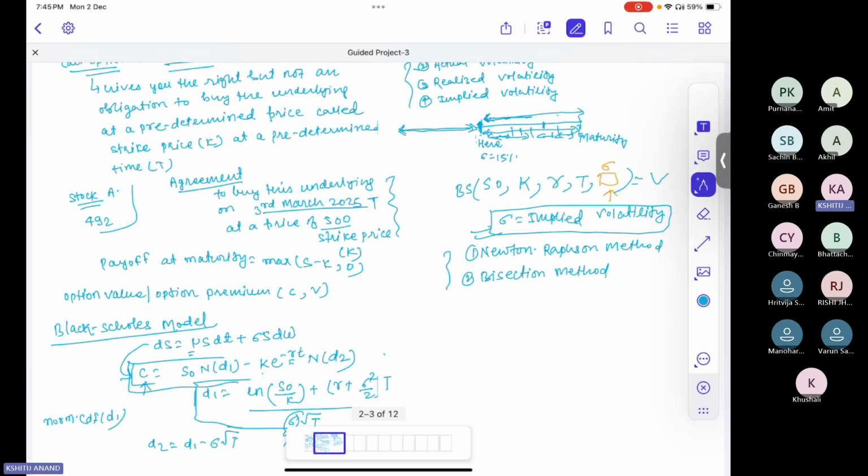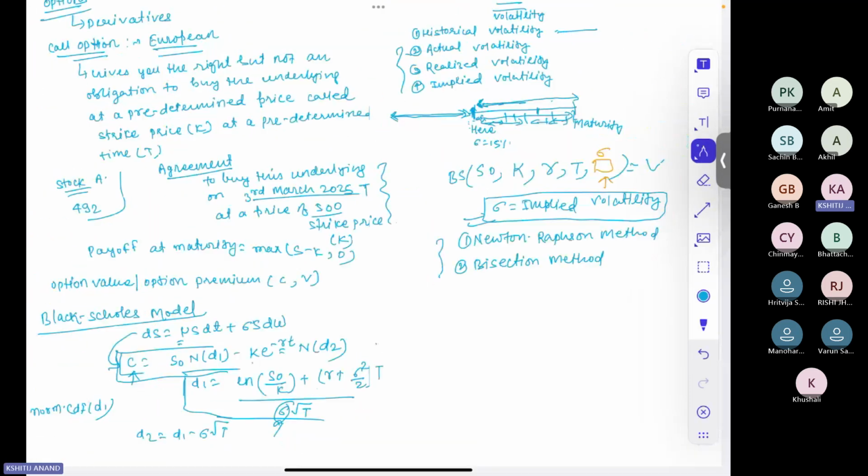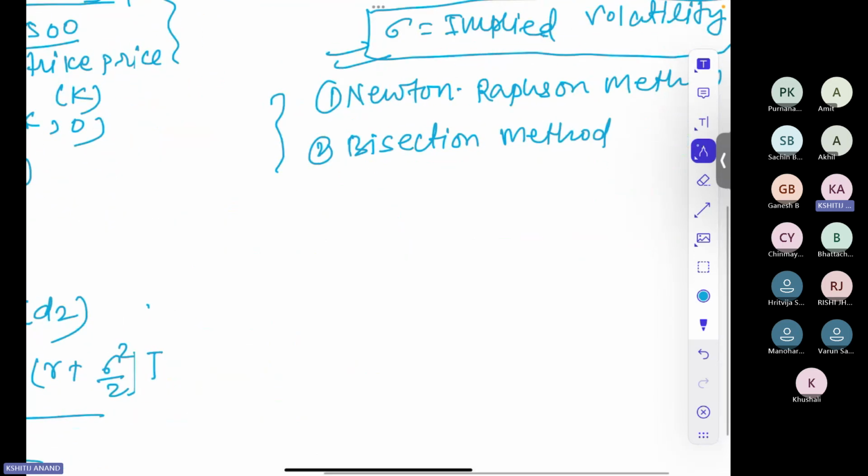Okay, so if you don't have any doubt, then let us try to frame a part of the problem statement, and then we will wrap up today's session. You should also try to do it. Go to Nifty's option chain.